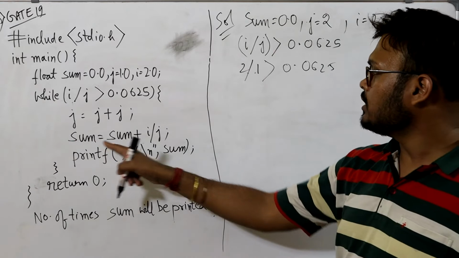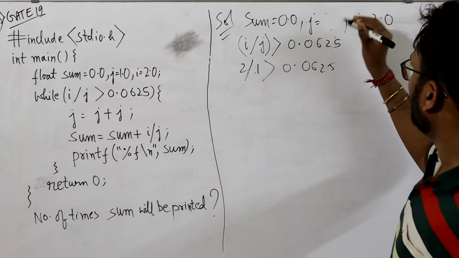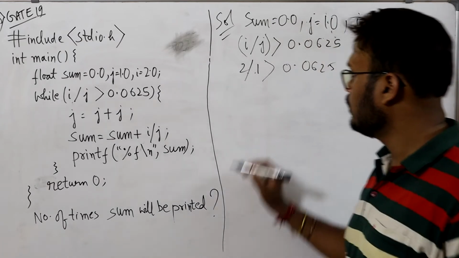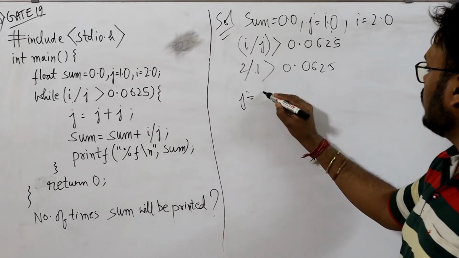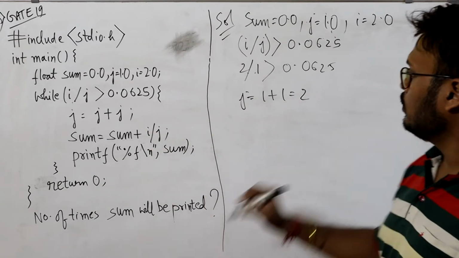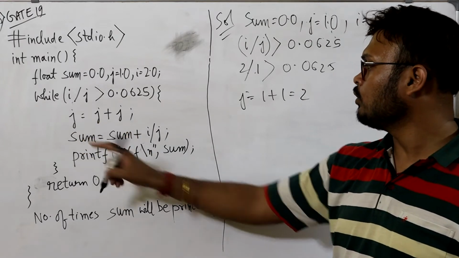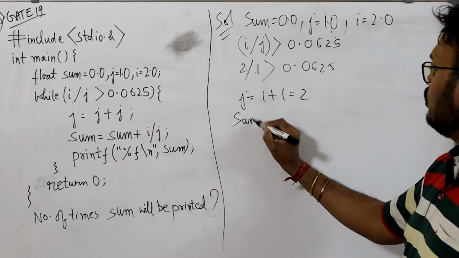Okay. So j is equal to j plus j, which means 1 plus 1, that is 2. After execution of this line, now execute the next line: sum is equal to sum plus i by j.